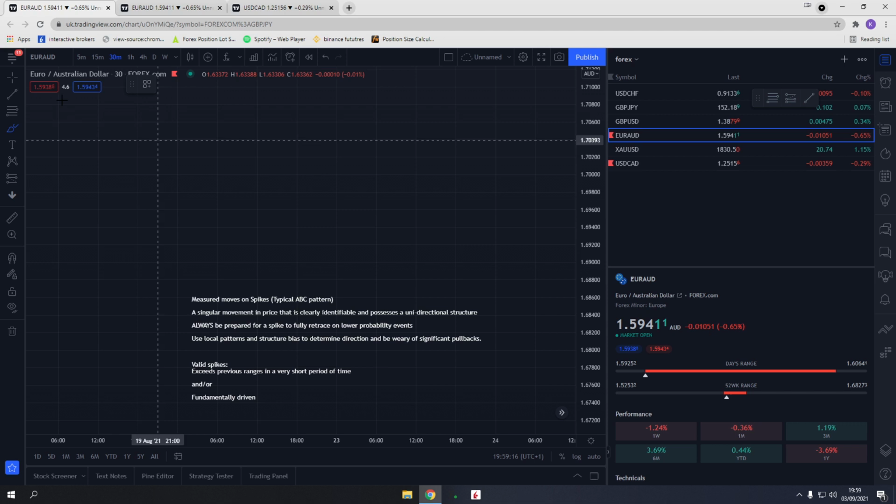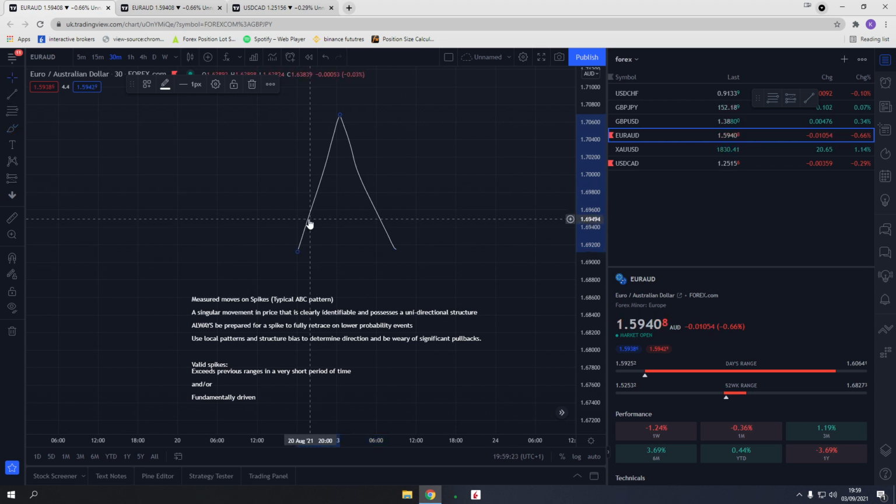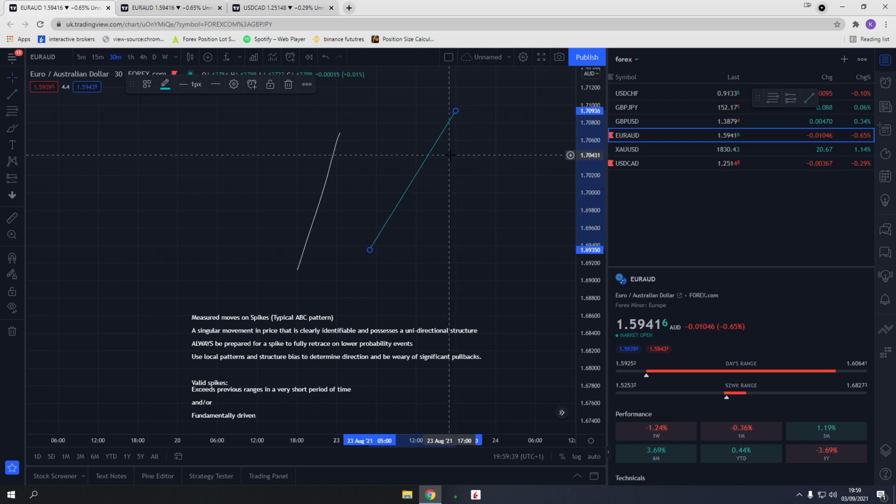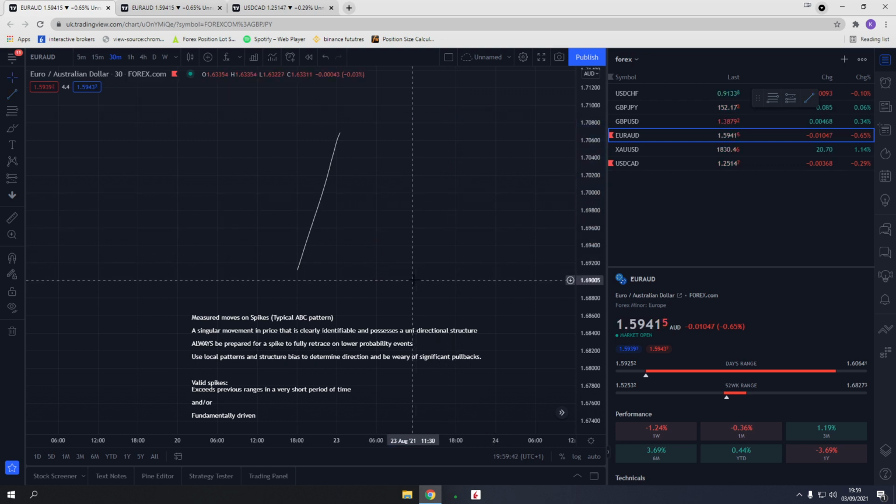A lot of the time prices can randomly spike and then simply retrace, on the lower probability event. So if there's no really strong technical reason for price to break out, for example, if it's in some sort of consolidation period, if price is just really flat and really choppy and not doing much, and then all of a sudden it spikes up, then you might consider that to be a lower probability event, especially if there's no fundamental stimulus explaining why the price is moving the way it is.